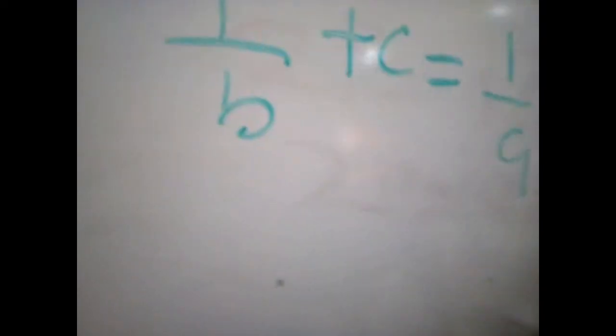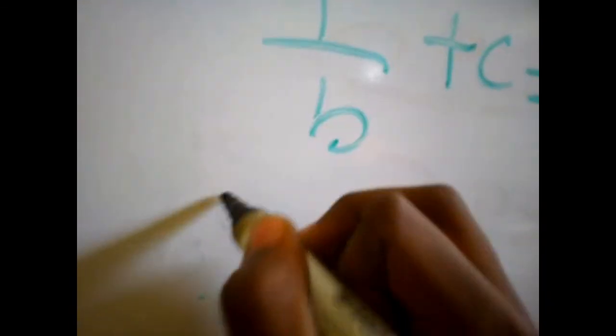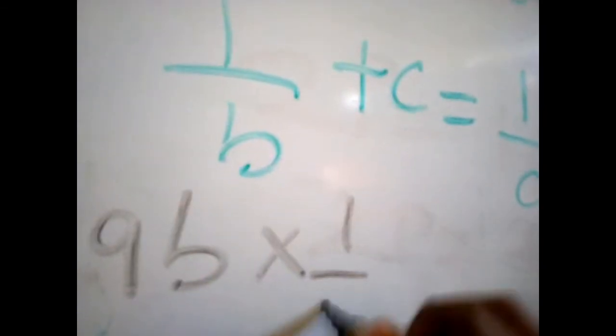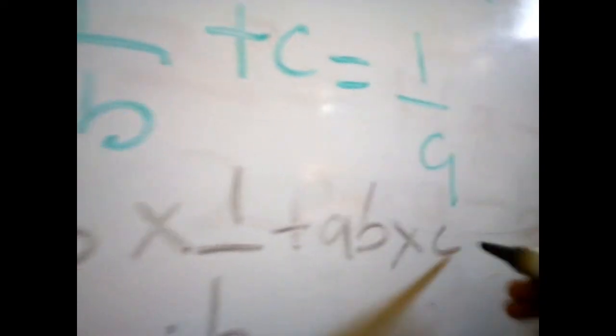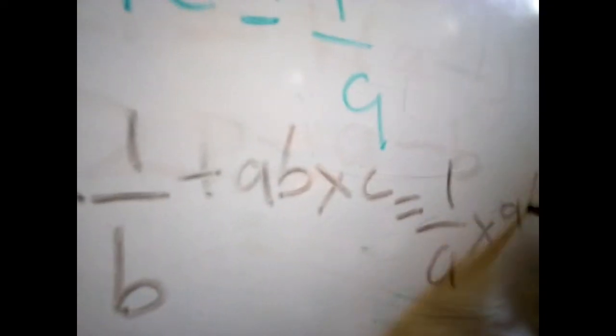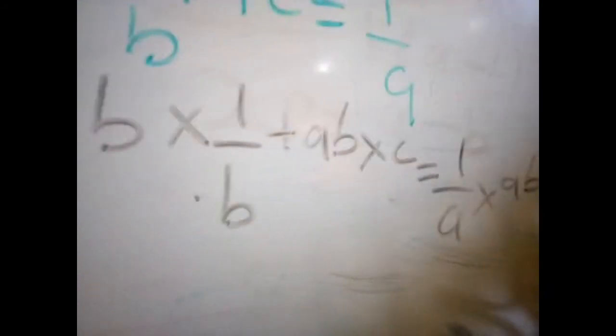So b times a, so ab, so ab times 1 over b, and then plus ab times c is equal to 1 over a times ab. This is how the relation is going to be like. So this is what we're going to get from the relation.